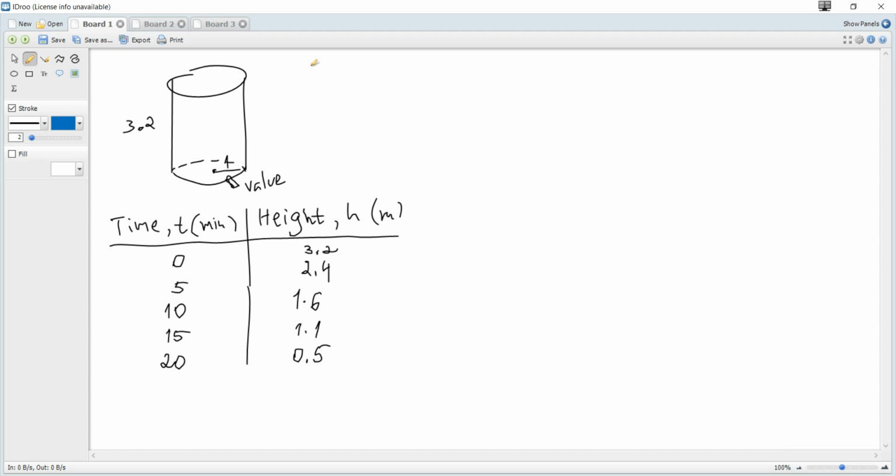Eve first tries to model the height using a linear function, h of t is equal to at plus b, and question ai, find the equation of the regression line of h on t.